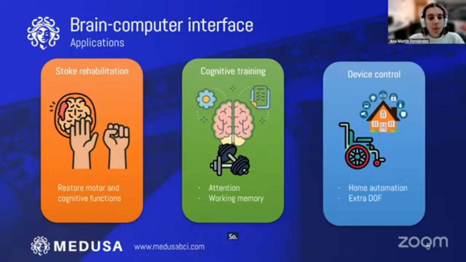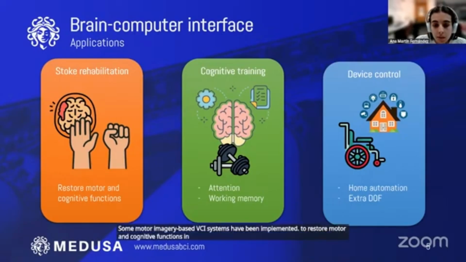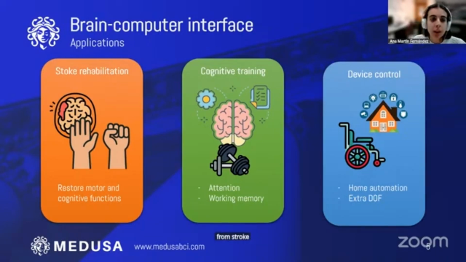Given the great potential of these kinds of systems, several applications have been explored within the BCI literature, some of which include, for example, stroke rehabilitation therapy. Some motor imagery-based BCI systems have been implemented to restore motor and cognitive functions in patients recovering from stroke. Another application that has been explored is cognitive training.